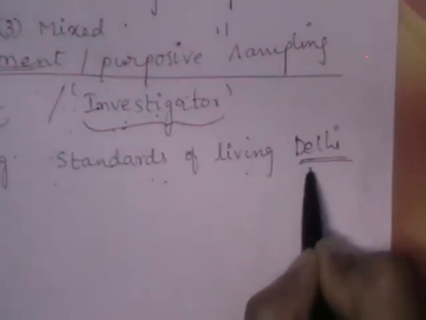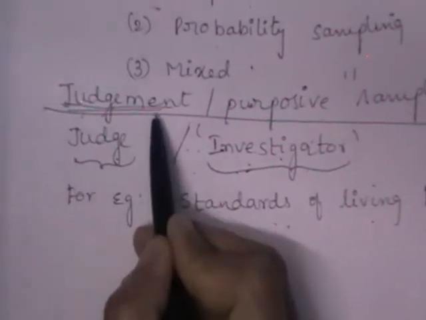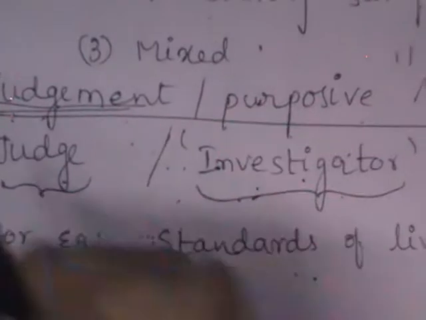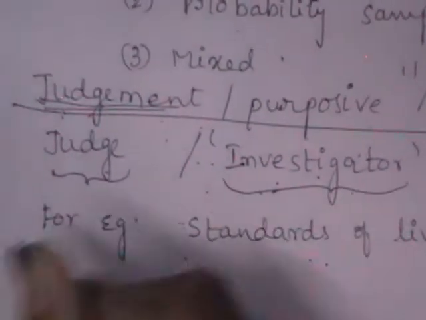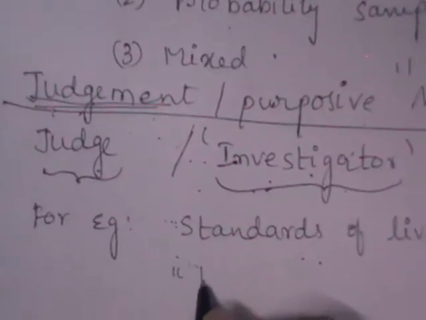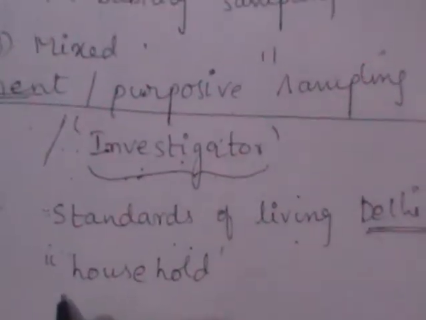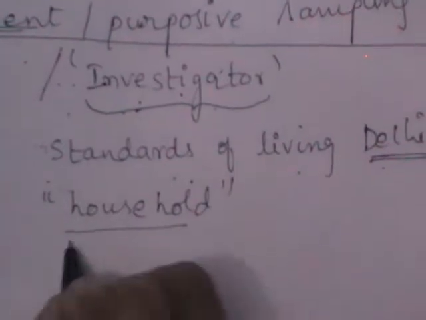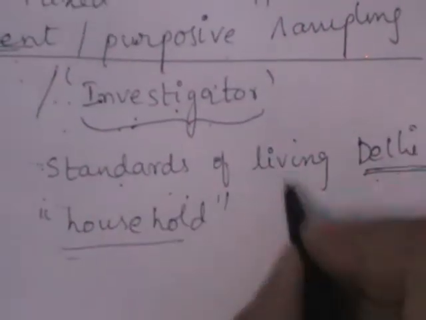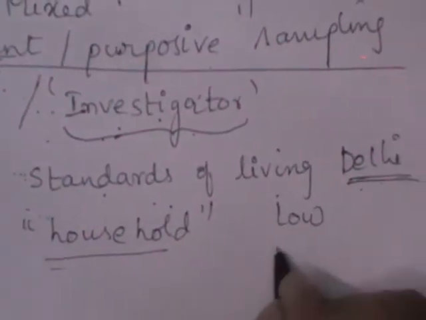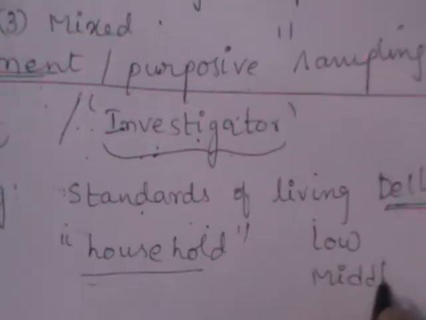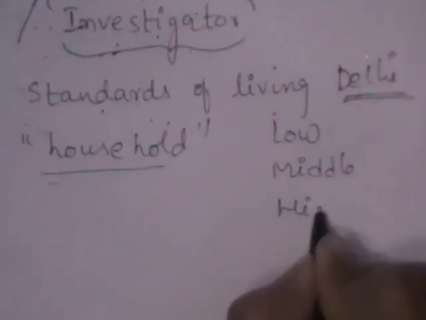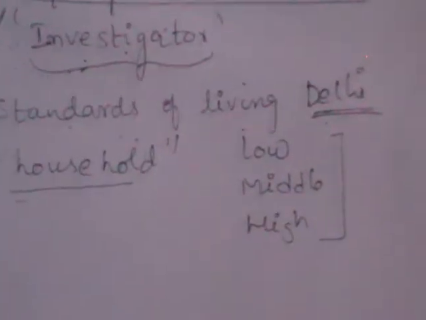If you are using judgment sampling, you should conduct a household survey. For the standards of living, you have low income people, middle income people, and also high income people, so he should visit all three categories of households.